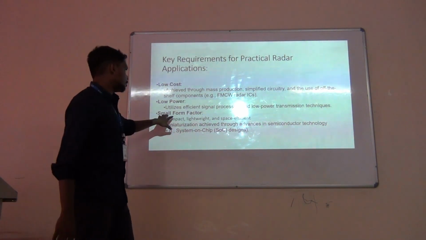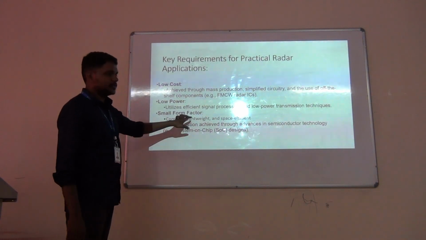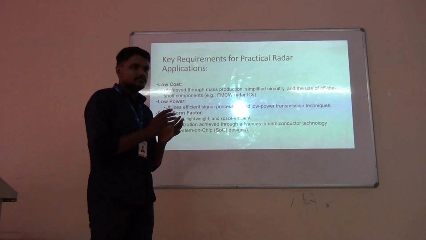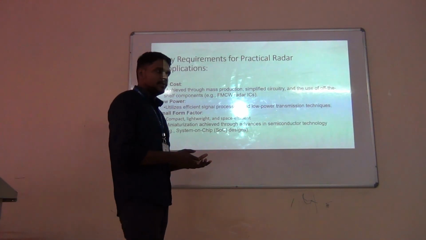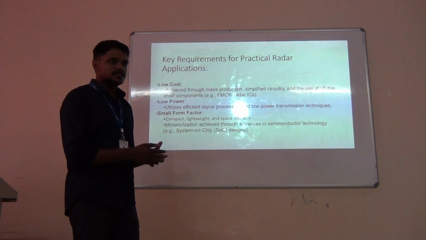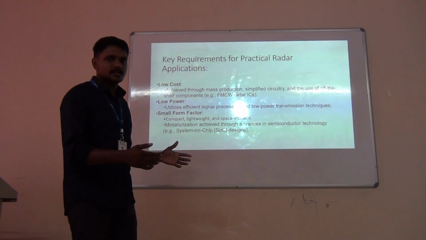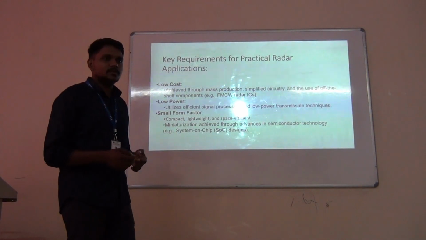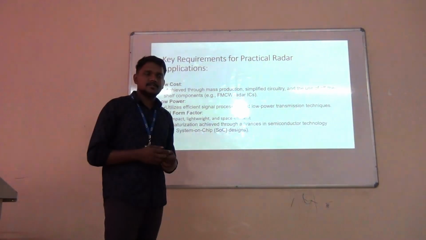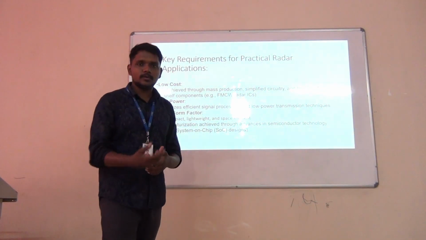So what does small form factor mean? It must be very small, very handy in size, so that it can be easily transported. It should not be a big station of huge weight. Otherwise the sensor or the system will not be practically implementable in a small vehicle like a drone.